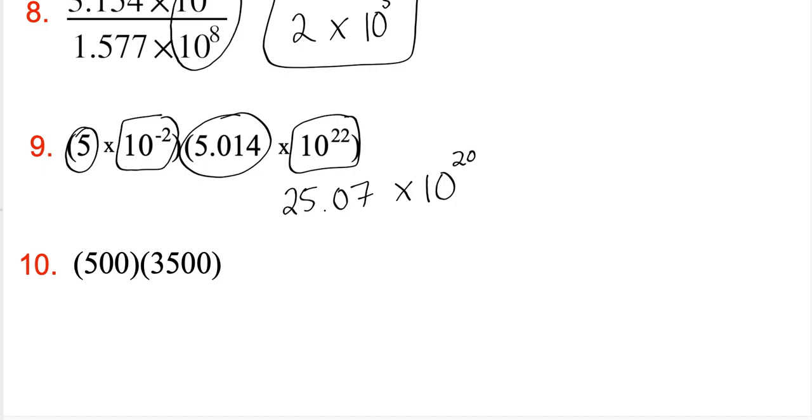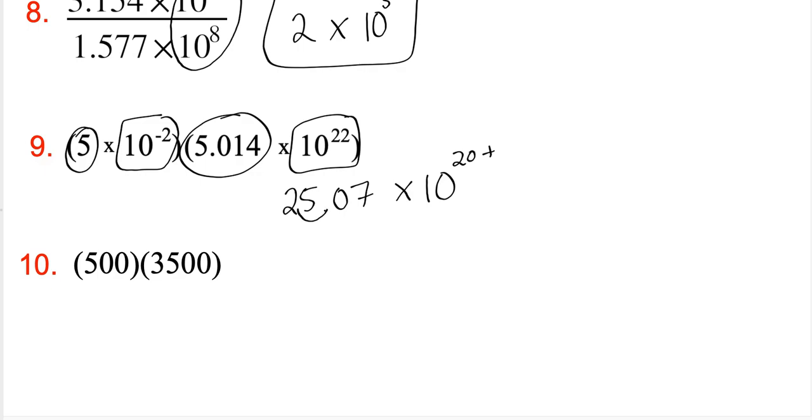All right? And now, right there, 25.07. Is that number less than 10? No. So we got to make it less than 10. When we make it less than 10, again, ask yourself, is this a bigger number or smaller number that I'm changing? Okay, bigger number means positive when I change it. So I'm moving that decimal place 1 time.